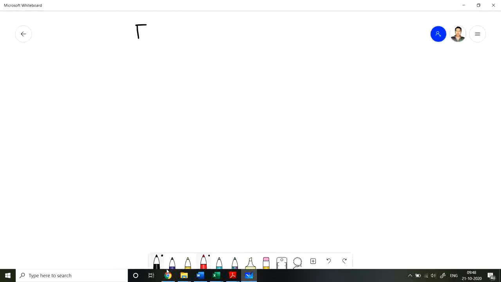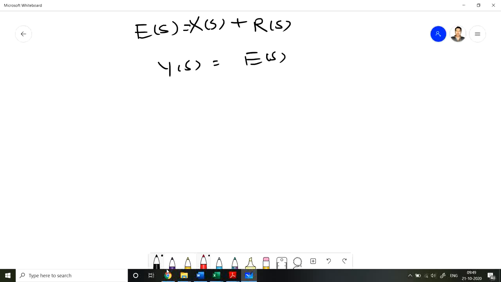So we have E(s) equal to X(s) plus R(s), and Y(s) equal to E(s) into F(s). This is equation number 1 and this is equation number 2.